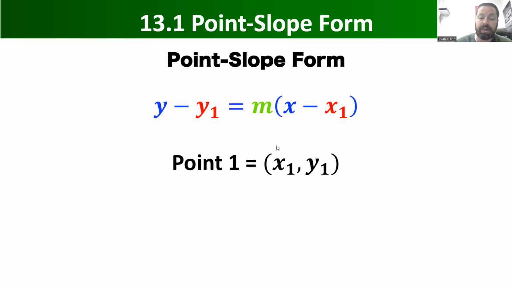What I want you to see is x1 is positive here, and if you look over right here, there's a negative in front of it. So you're going to see like x minus 5 or something like that. That means that 5 is your positive x value. If one of these values, x1 or y1, is negative, it's going to change up here and become positive because of that negative. Because a negative minus a negative would become a positive.